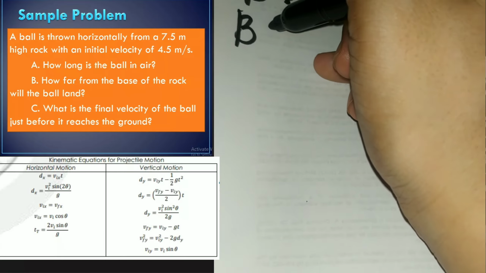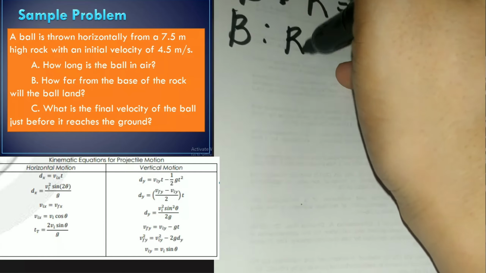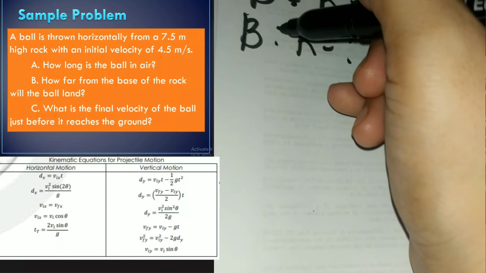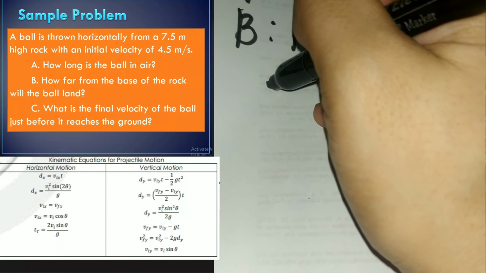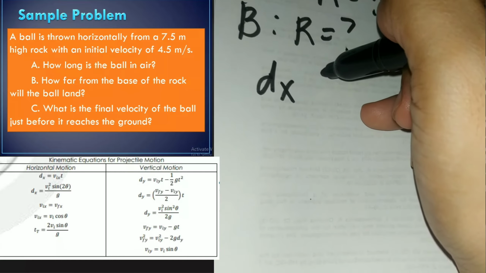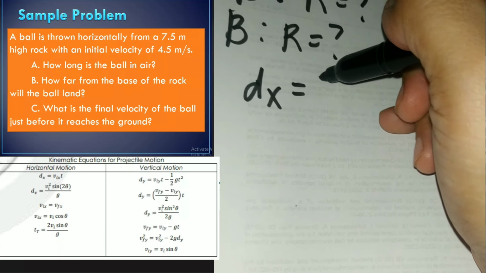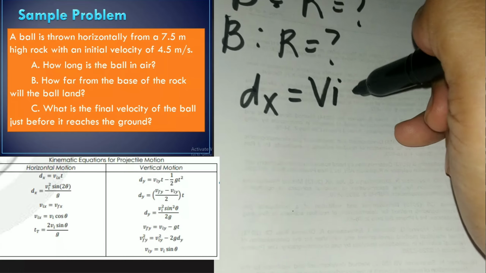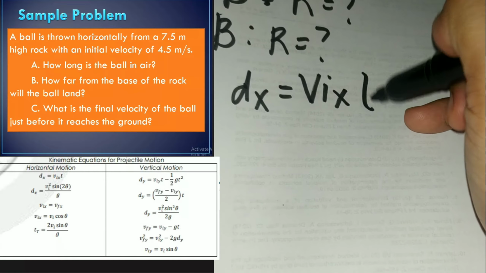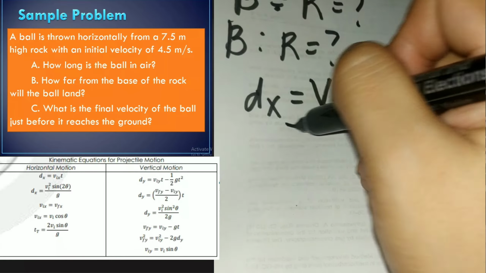For B, it was asking for the range, and we can use the formula dx. This dx is also your range, is equivalent to initial velocity along the horizontal times your time.